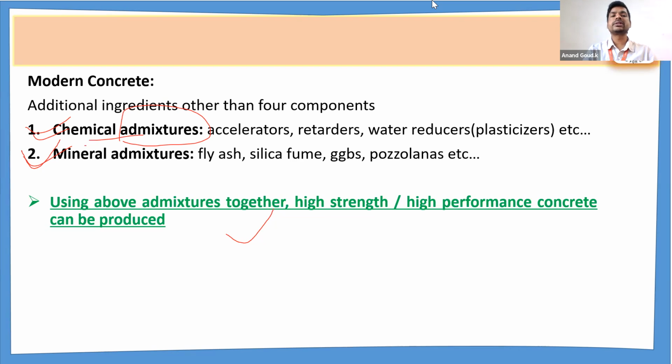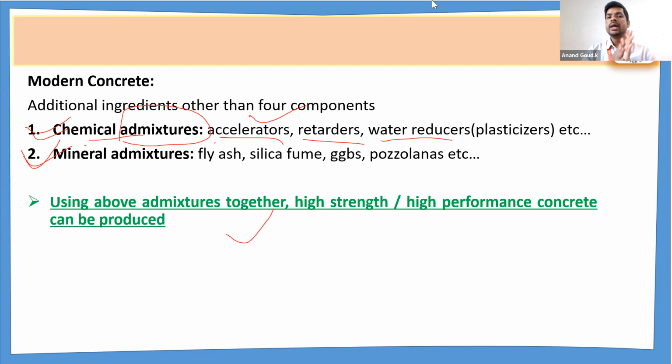And examples of chemical admixtures are accelerators, retarders, and water reducers. Accelerators are admixtures which are going to speed up the reaction process, speed up the setting time of cement. You will understand these terms in the coming lectures. Now you just remember these words.